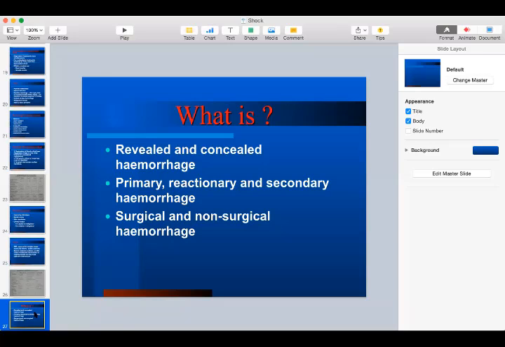That's the external hemorrhage. Then there's concealed hemorrhage, which is occurring in any of your tissues, muscles, cavities, peritoneum, pleural, or hematoma formation. And concealed hemorrhages can become revealed, such as in cases of hematemesis, which is vomiting of blood.